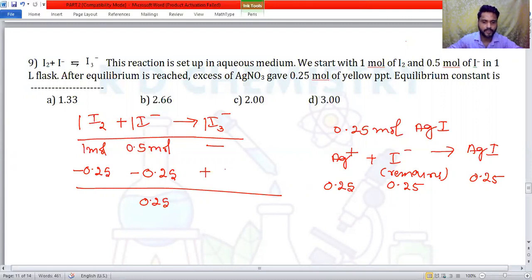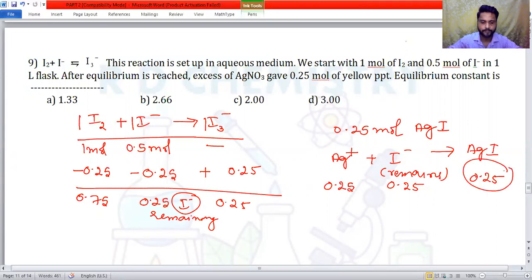Same ratio, 0.25 is formed. So I2 remaining is 0.75 moles and I3 minus product formed is 0.25. This remaining I minus will react with the excess silver nitrate to give 0.25 moles of silver iodide.